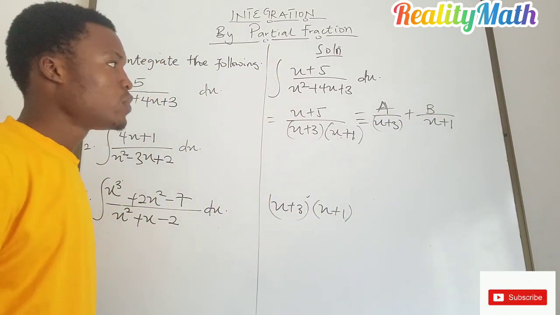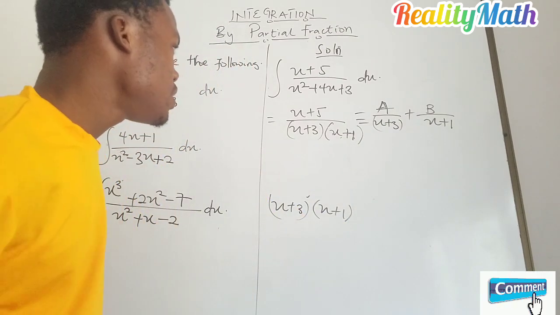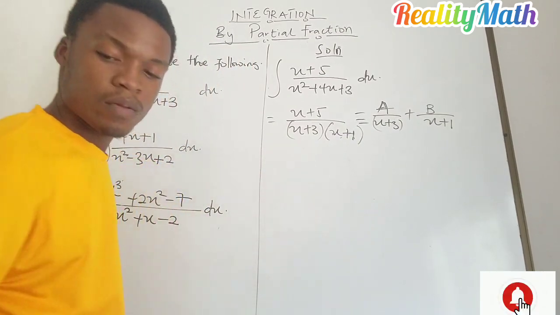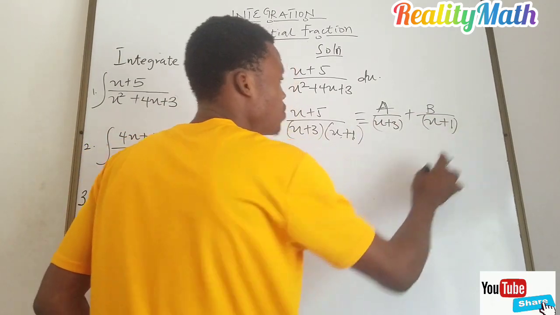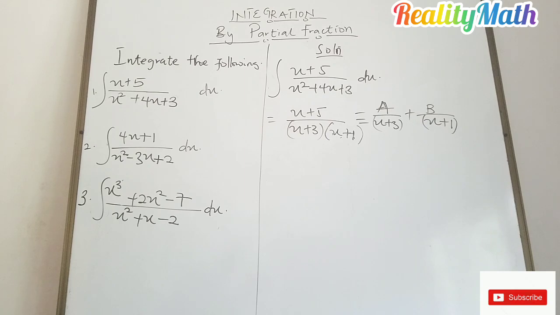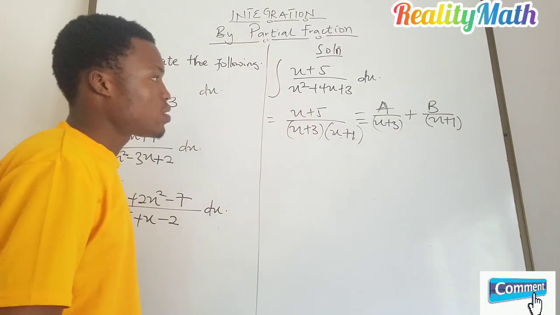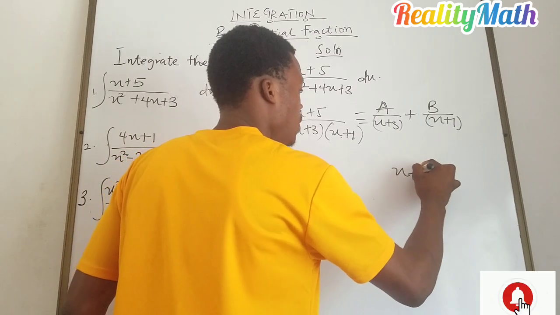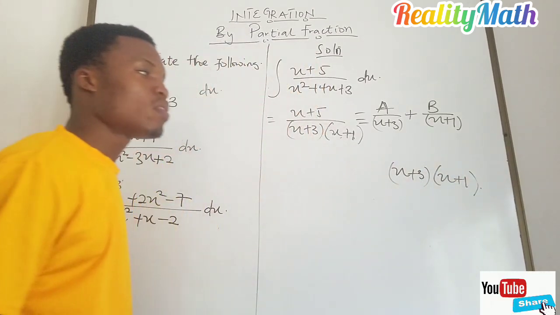Now let's find the LCM. The LCM of this is x plus 3, x plus 1. So this is our LCM.